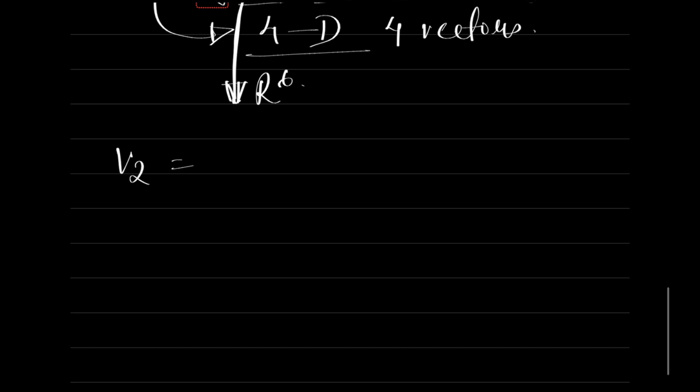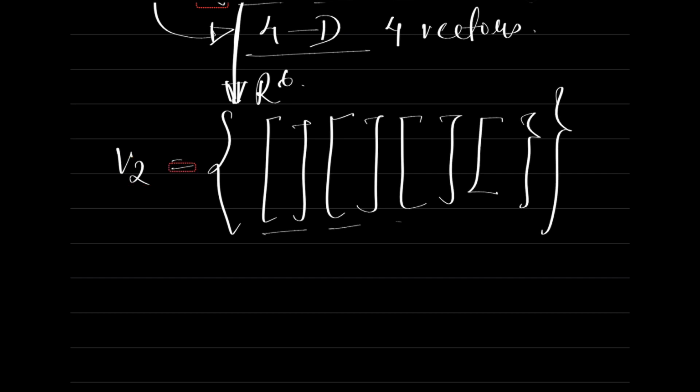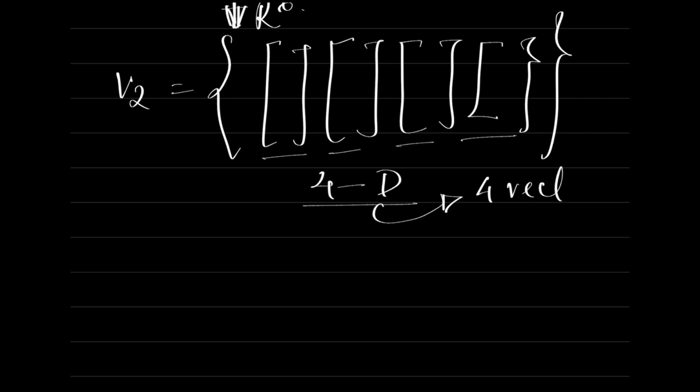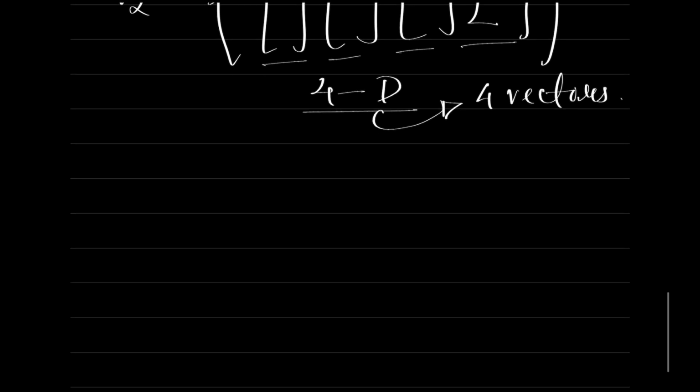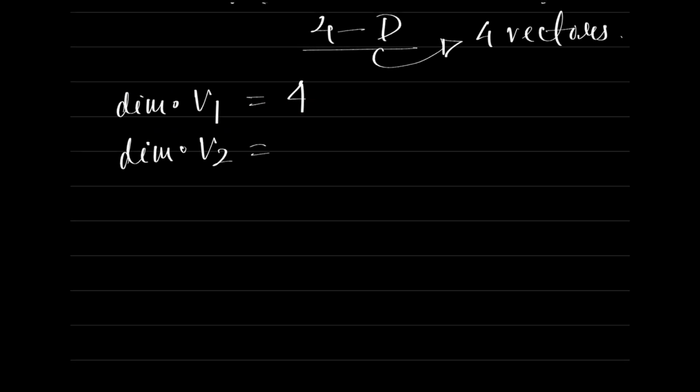And our V2 will be first vector, second vector, third, and this will be the last vector. First, second, third, and fourth vector we have. So it becomes 4-dimensional with 4 vectors. Now the dimension of V1 is 4 and the dimension of V2 is equal to 4.